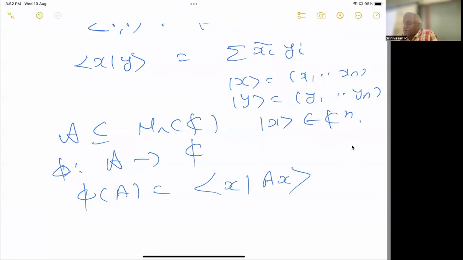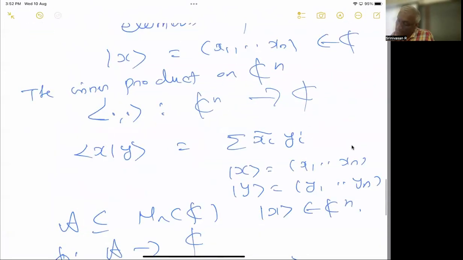One thing to notice is that our inner product is conjugate linear in the first variable, x, and linear in the y variable.